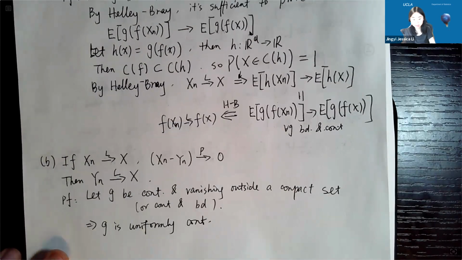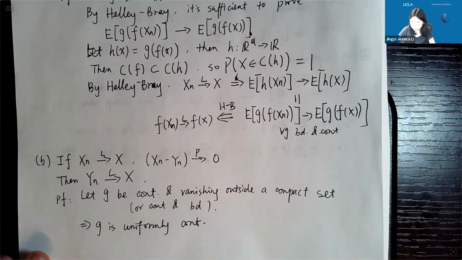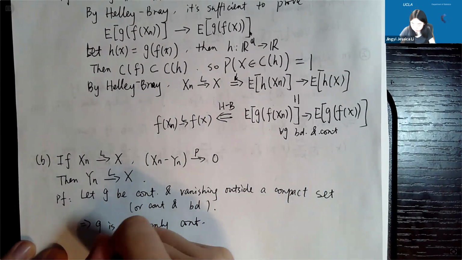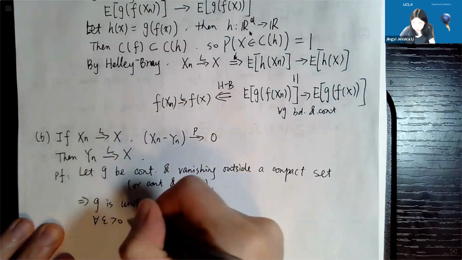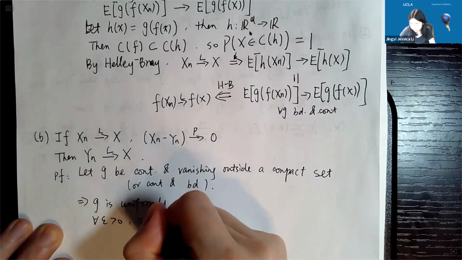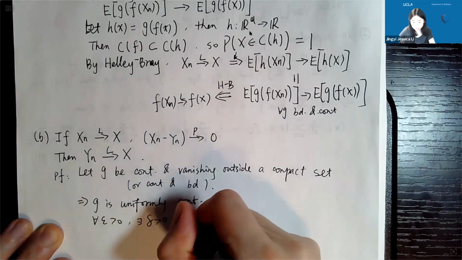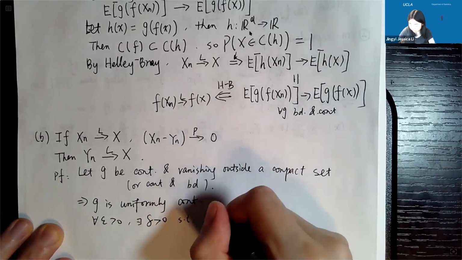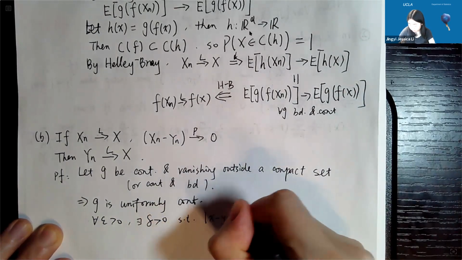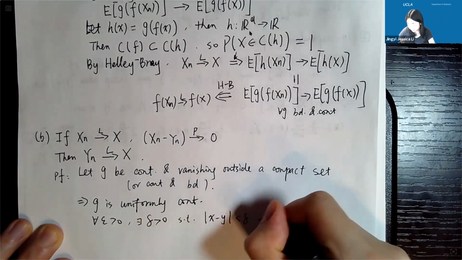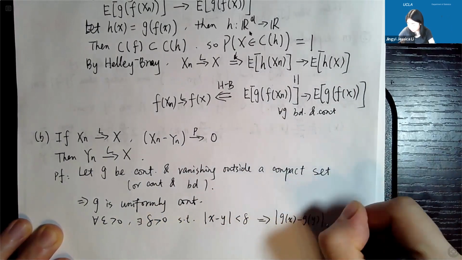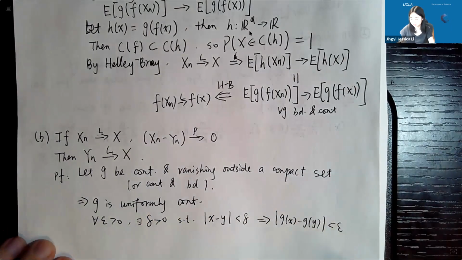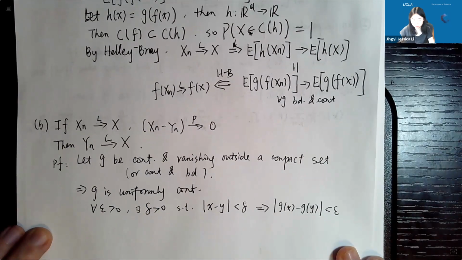What it implies is that for any epsilon greater than 0, there exists a delta greater than 0 such that whenever |x minus y| is less than delta, we have |g(x) minus g(y)| less than epsilon. Again, a refreshment of the definition of uniform continuity.